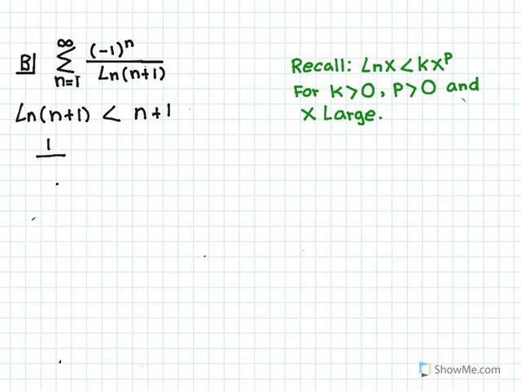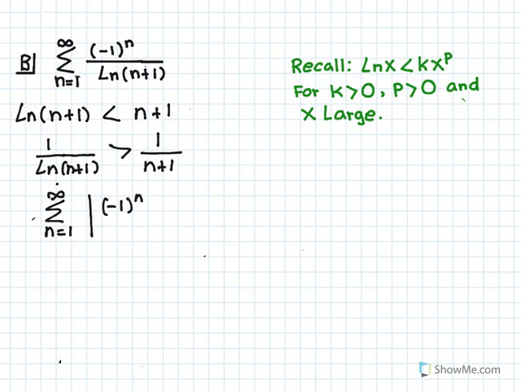We get 1 divided by log of n plus 1 is larger than 1 divided by n plus 1. So let's do an absolute test. We have the summation n equals 1 to infinity of the absolute value of negative 1 to the power of n divided by log of n plus 1.